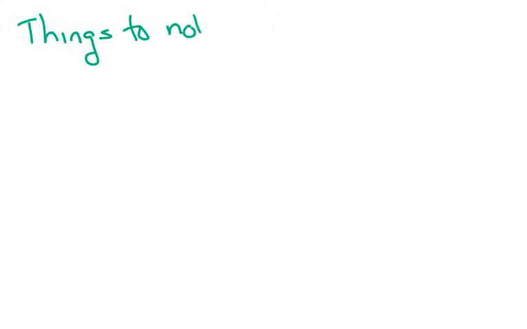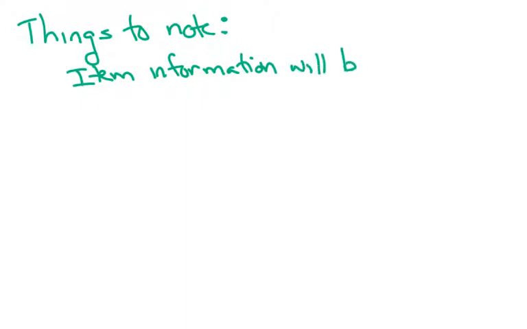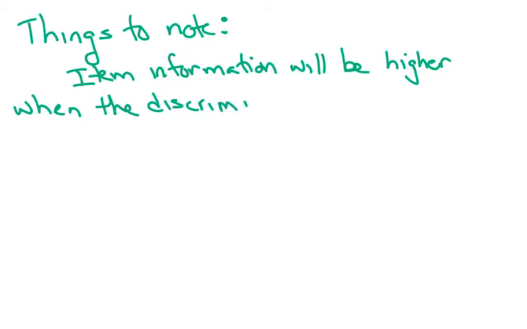Things to note. Item information will be higher when the discrimination parameter A is higher. You're not writing all this on the board, you can talk about it and point to things.